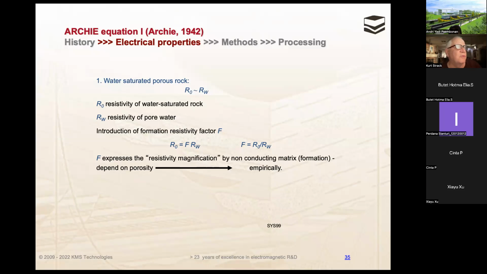And this factor F is called a resistivity magnification. It is called a magnification because the resistivity of the grains and the water saturated rock is always higher than the pore water resistivity itself.